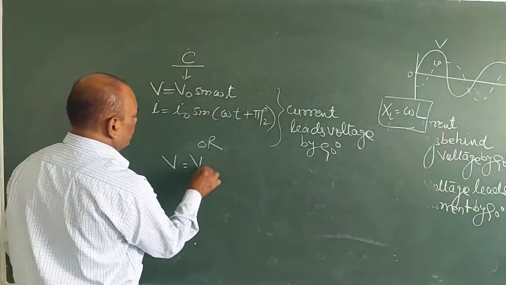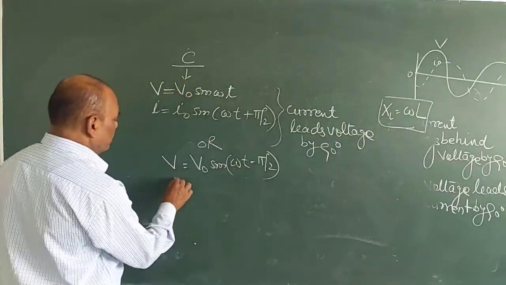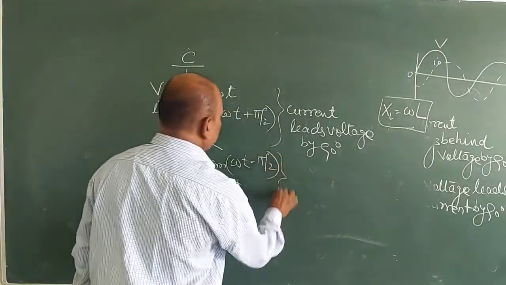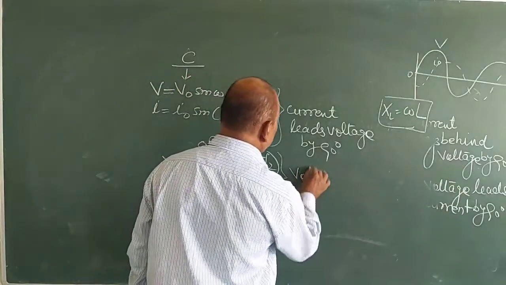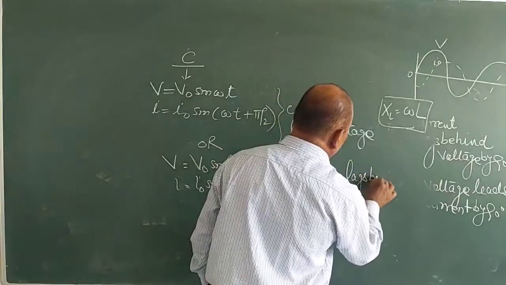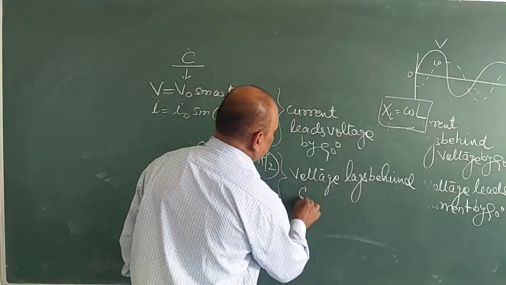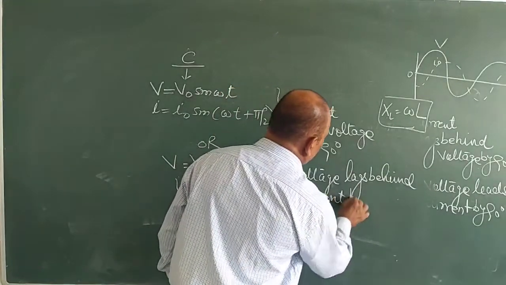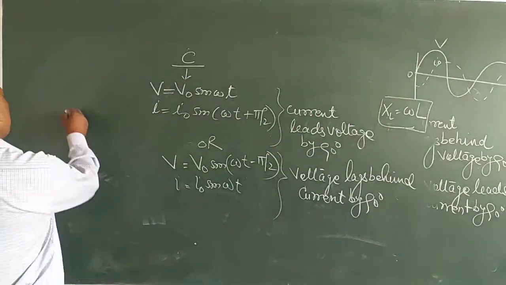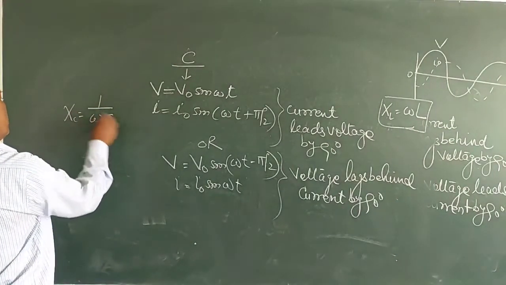V is equal to V0 sin (omega t minus pi by 2) and I is equal to I0 sin omega t. So in this case we can say that voltage lags behind current by 90 degrees, and in this case XC is called capacitive reactance, that is 1 by omega C.